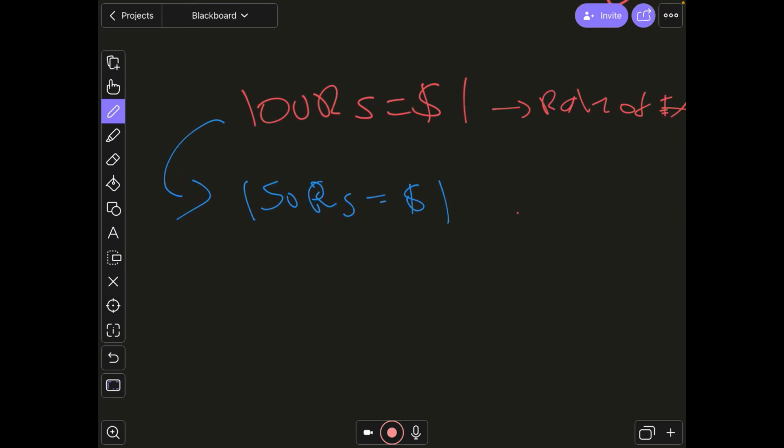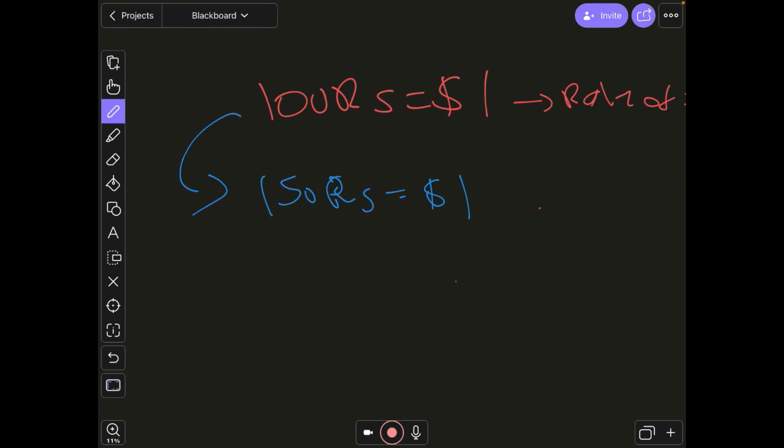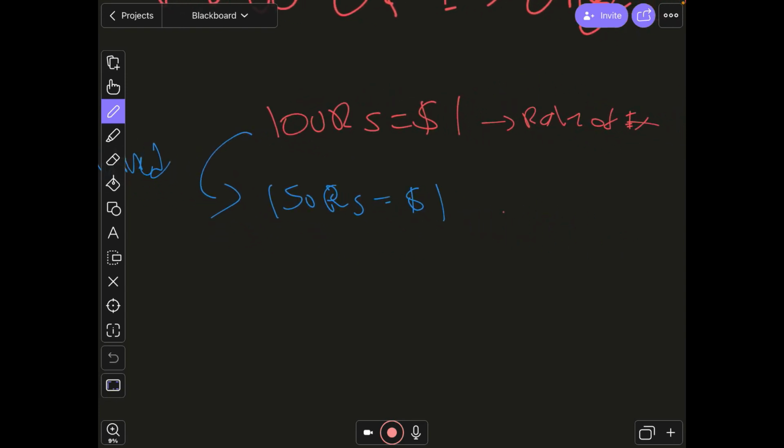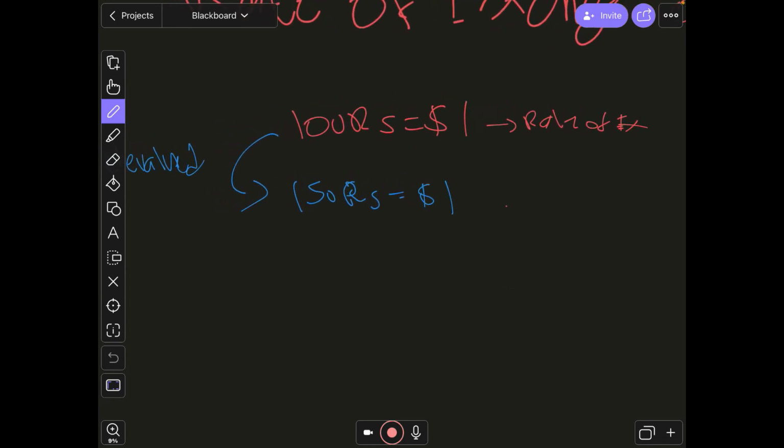So now in this case, if I had $1, I would be able to buy 150 Pakistani rupees. So this means the value of the Pakistani rupee has decreased, right? Because for the same amount of US dollars, I can buy more Pakistani rupees. And so we can really say Pakistani rupee has devalued in terms of the US dollar, which, well, makes sense.